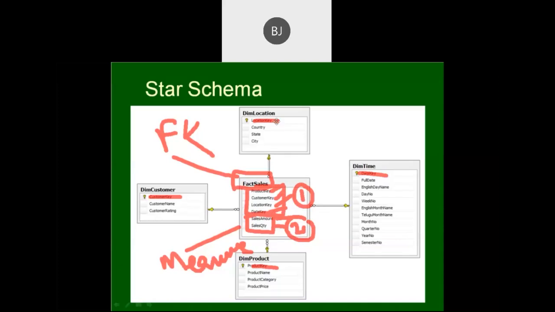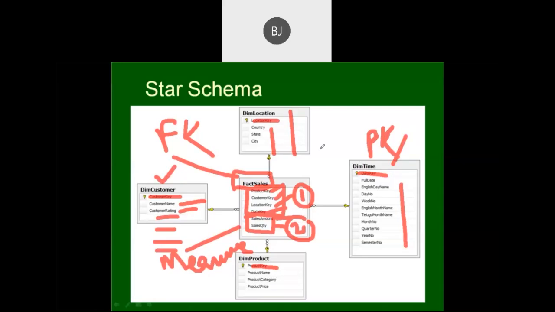But the dimension tables will have a primary key and the remaining columns: country, state, city, customer name, customer rating, customer city, customer address, customer phone number, alternate phone number, customer marital status, customer qualification. A lot of things you can have here. A dimension table will have a lot of columns and a primary key. The dimension table's primary key will become a foreign key in the fact table.